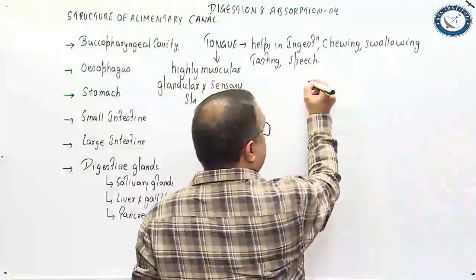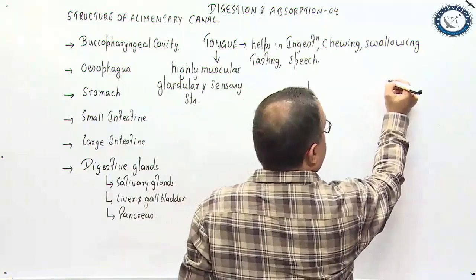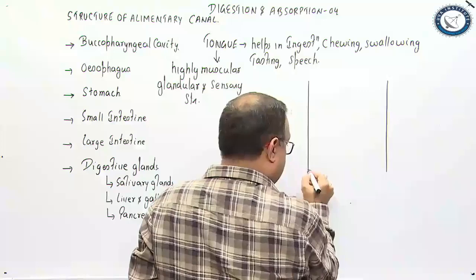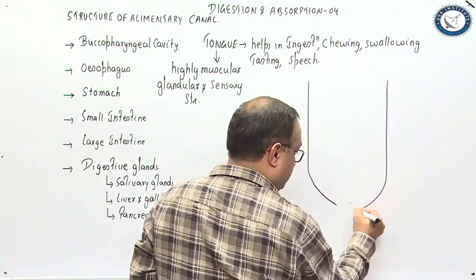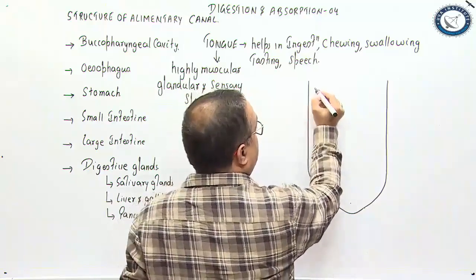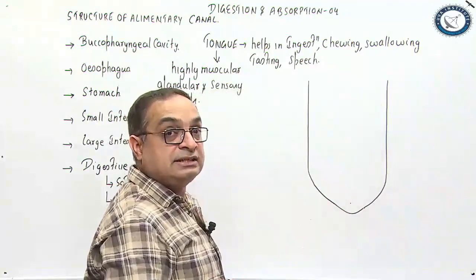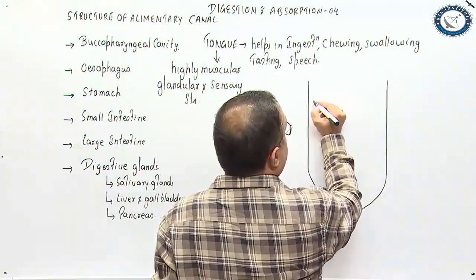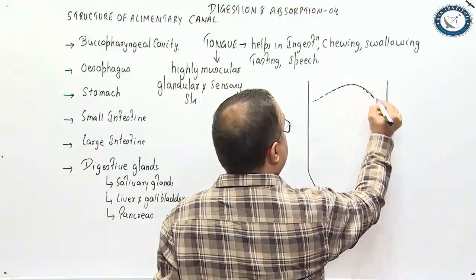Now, let's draw the structure of tongue. The anterior part of the tongue is the oral part, and the posterior part is pharyngeal part. So a rough representation to understand the structure of tongue. There is a V-shaped structure here that's called sulcus terminalis that divides the tongue into anterior oral part and posterior pharyngeal part.